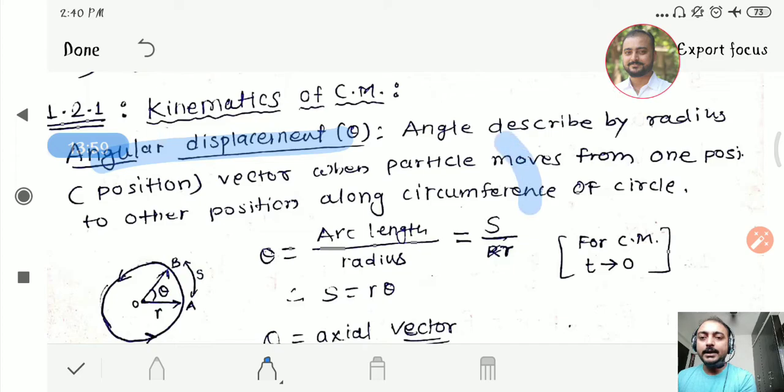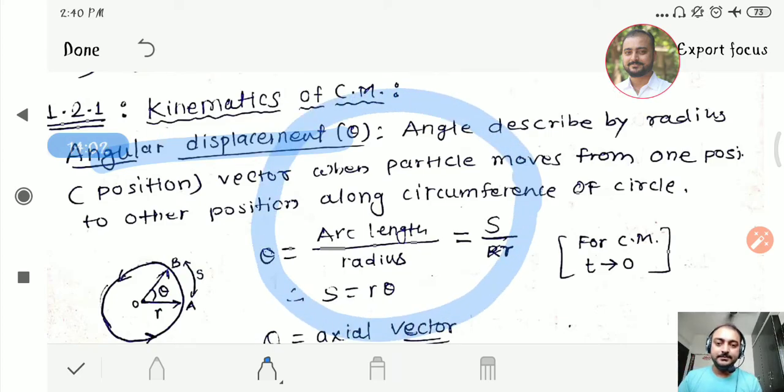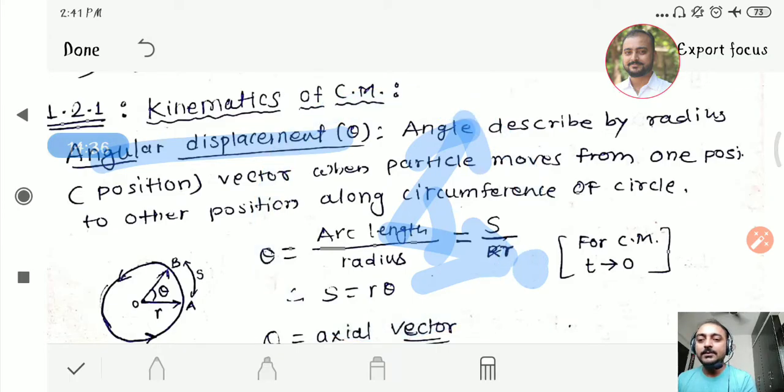When a particle performs a circular path along the circumference of a circle, the radius vector changes its position from one point to the other point and makes a certain angle with the center. Such a particular angle is called angular displacement. It's somewhat complicated, so I will explain it briefly and in a simple manner.